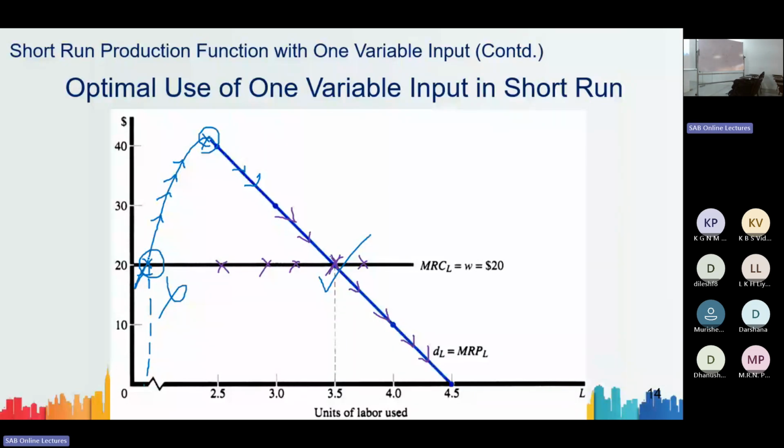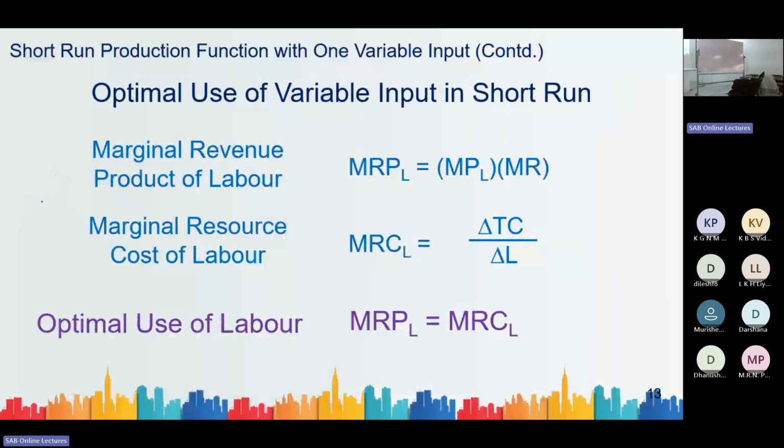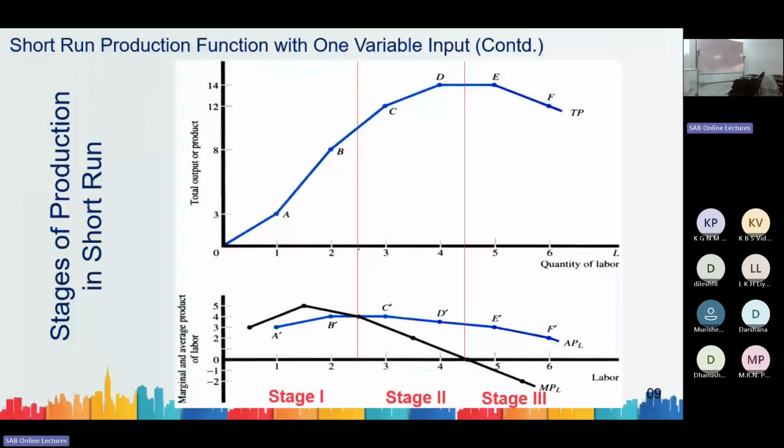Because here, at this level, it belongs to stage 1 of production. As we learned in the previous session, a rational producer will not operate in stage 1 or in stage 3.